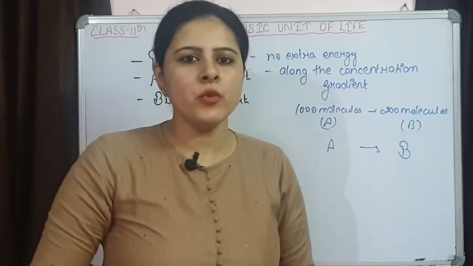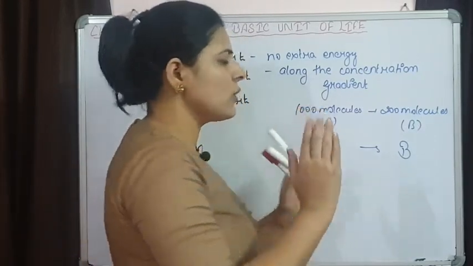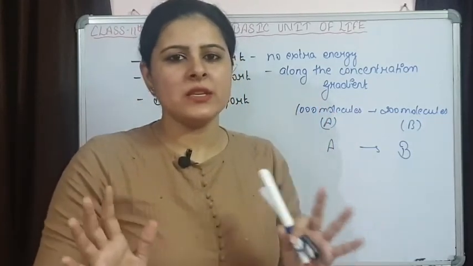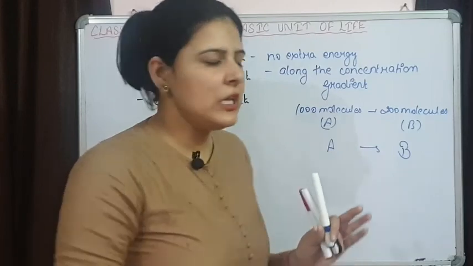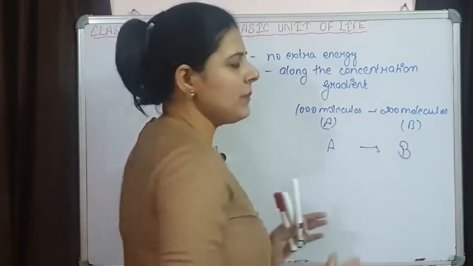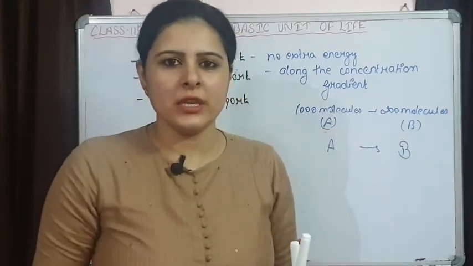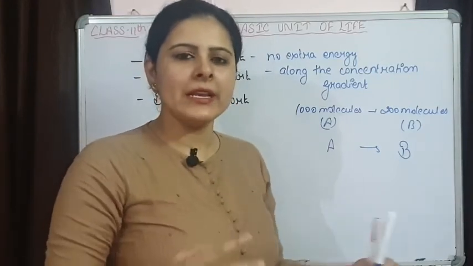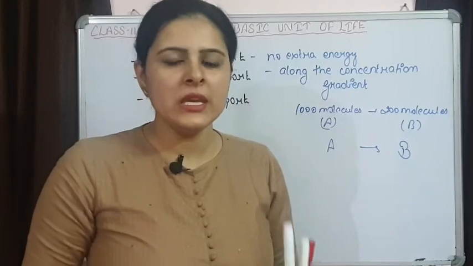This movement is going to occur up to that point when there is equalization of concentration. When the concentration becomes equal at both A and B, the movement is visible until then. After that net movement is going to be zero.